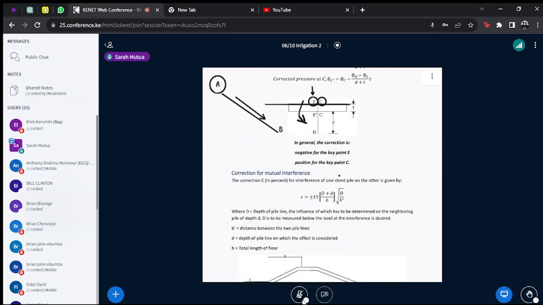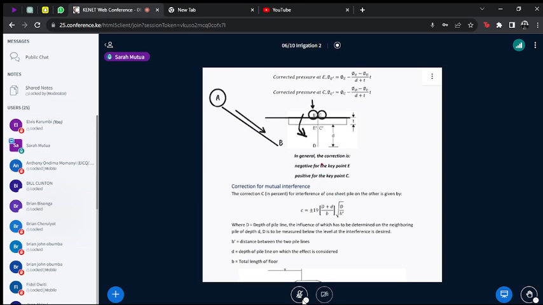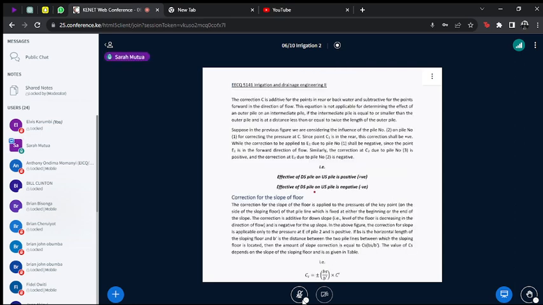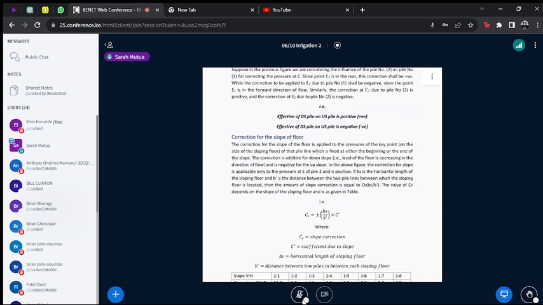Now, again, if you are correcting for a pile on the upstream side, you are supposed to add the correction. If you are correcting for a pile in the downstream, you subtract the correction.